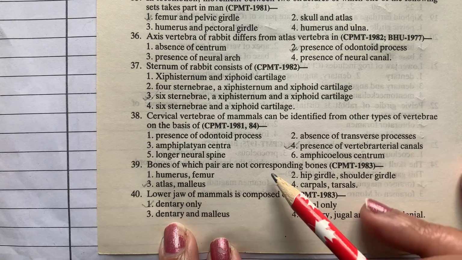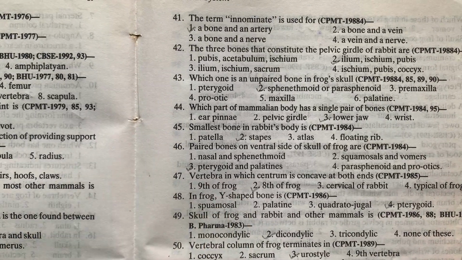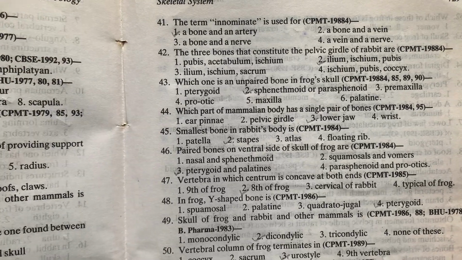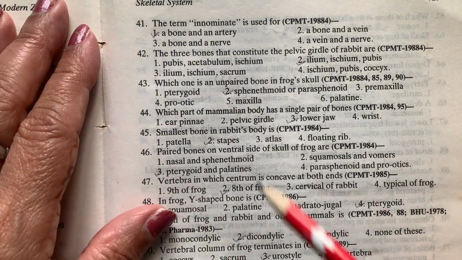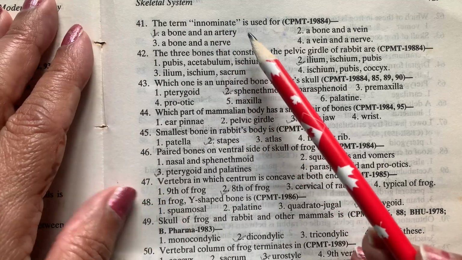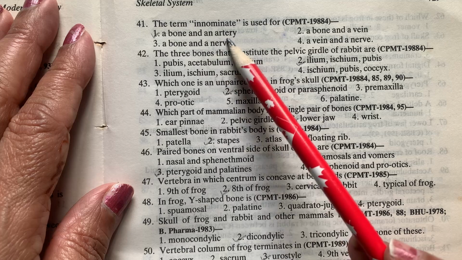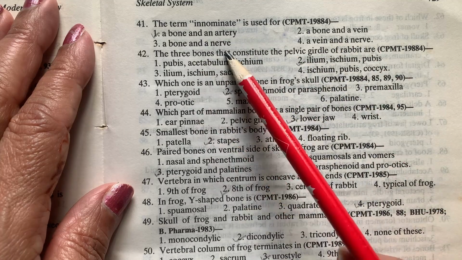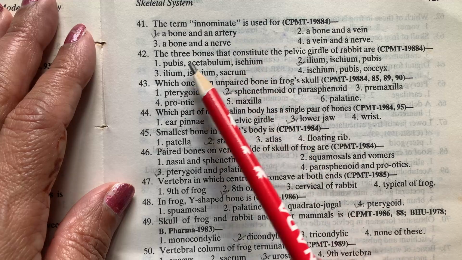Correct option is dentary only. The term innominate is used for a bone and an artery, a bone and a vein, a bone and a nerve, or a vein and a nerve. It is a bone and an artery.